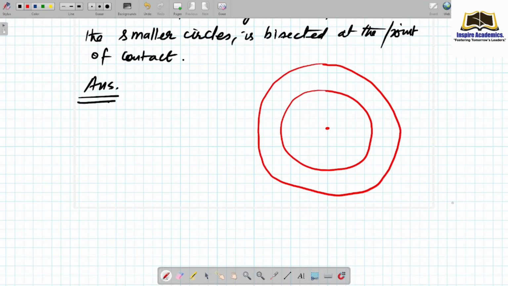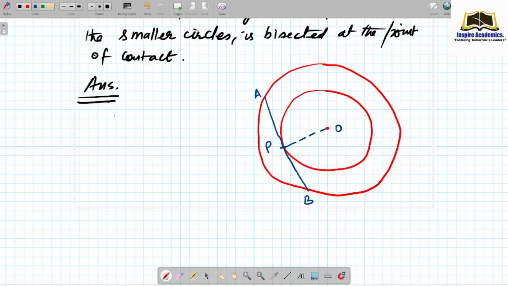The question says that there is a tangent, and I make this tangent something like this, and the question clearly says the tangent touches the smaller circle. Let's say it touches the smaller circle at point P and the center is O, so obviously we join O and P. Now we are asked that the chord which touches the small circle is bisected at the point of contact.